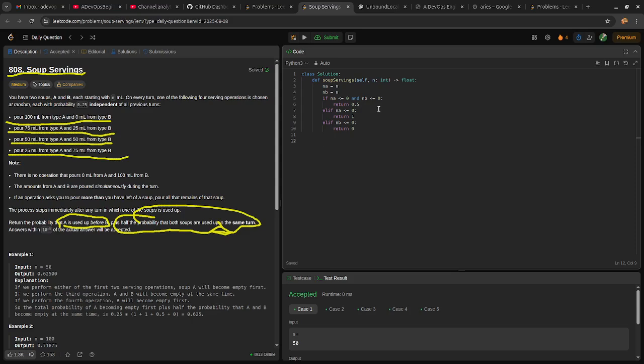Otherwise, there are going to be four operations again, which we have to handle recursively.